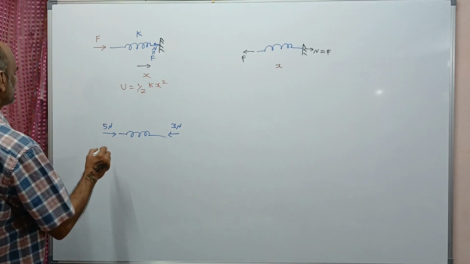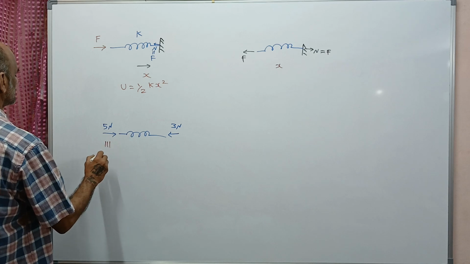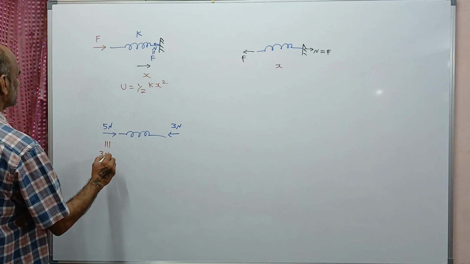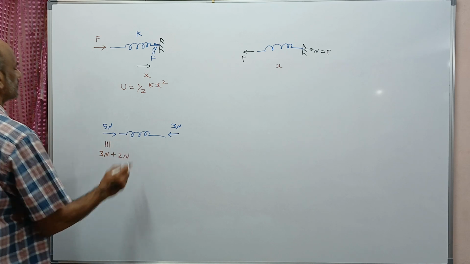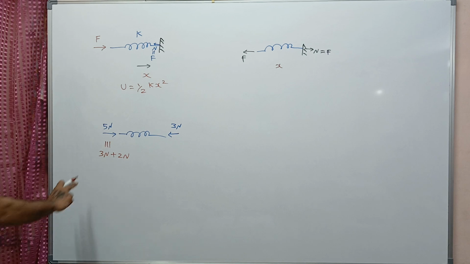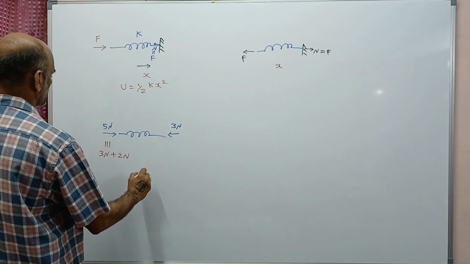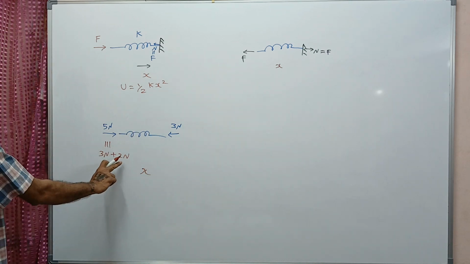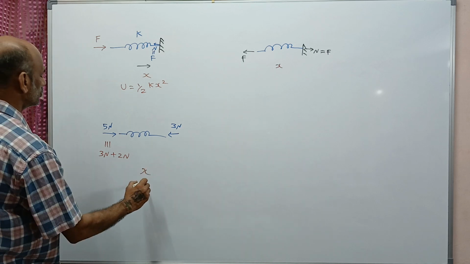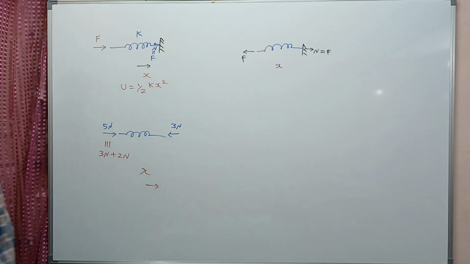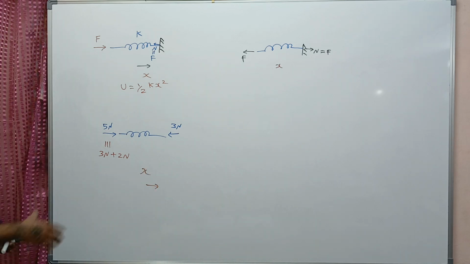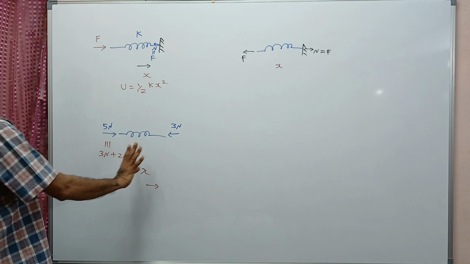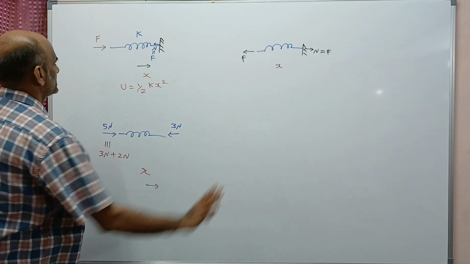Actually, this 5 Newton I can consider as made up of 3 Newton plus 2 Newton. So the 3 Newton force will compress the spring by an amount say x, and this 2 Newton force will try to move the spring towards the right. So here there will be compression, and the spring will also get translated towards the right.